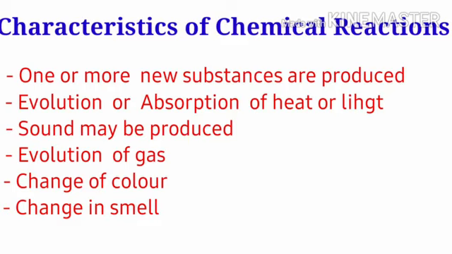In addition to this, one or more of the following changes may also take place during chemical changes or chemical reactions: evolution or absorption of heat, producing sound, changing color, producing smell. We can observe these different characteristics during a chemical reaction.